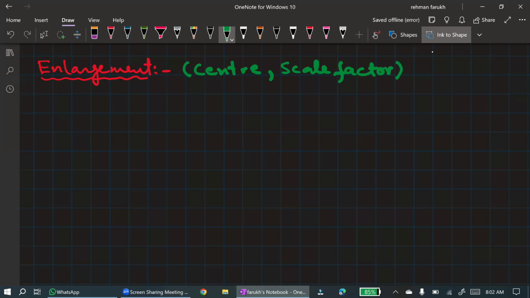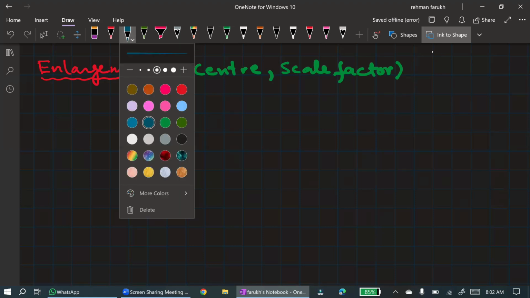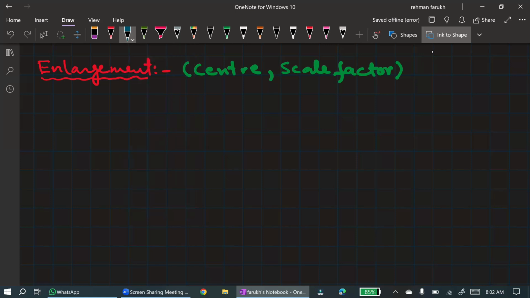What does scale factor mean? Scale factor means how much the figure has been enlarged or reduced.